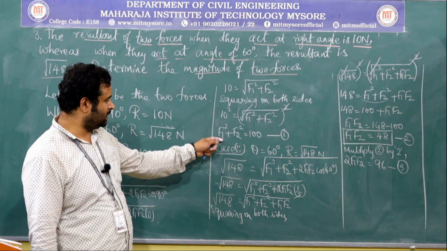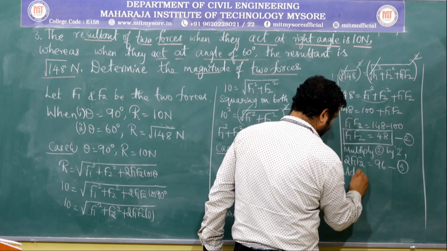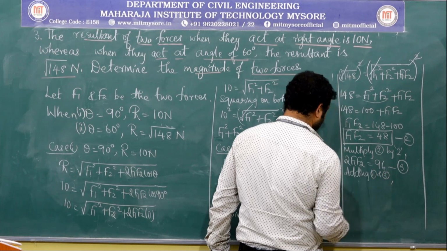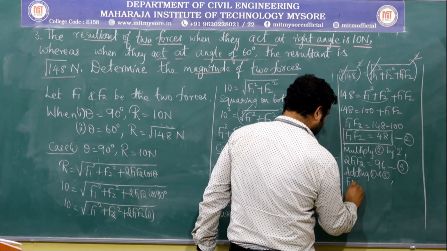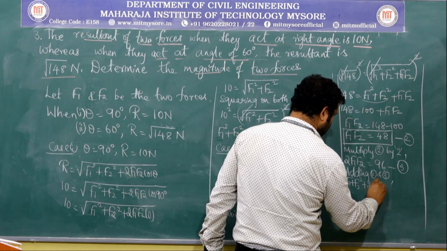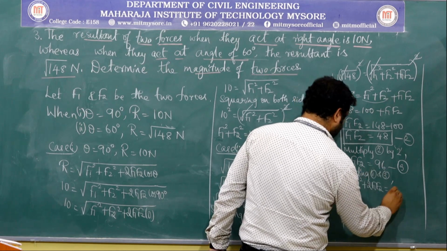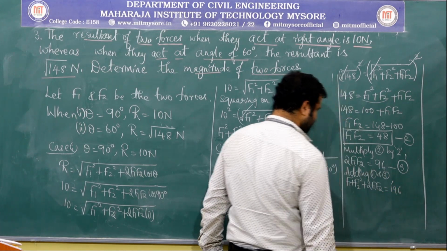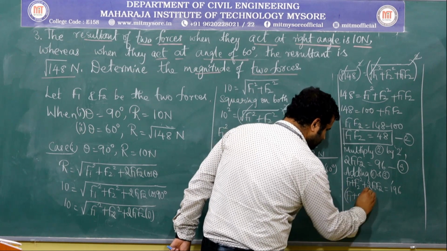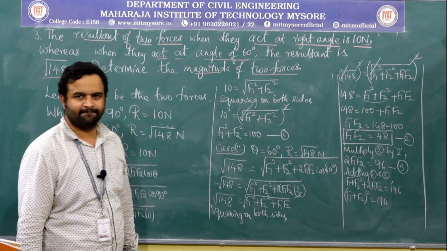Now think of adding equations 1 and 3. Adding 1 and 3, we get F1 square plus F2 square plus 2 F1 F2 is equal to 196, or we have F1 plus F2 whole square is equal to 196. Correct?